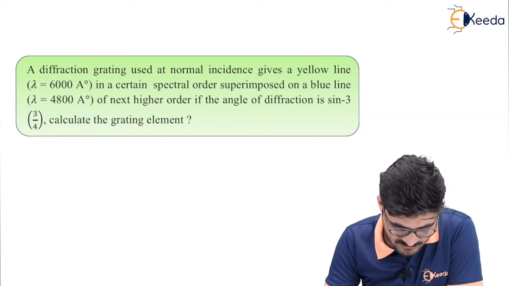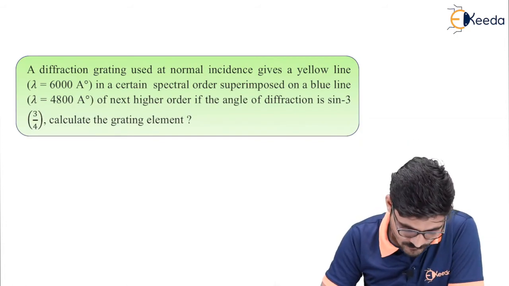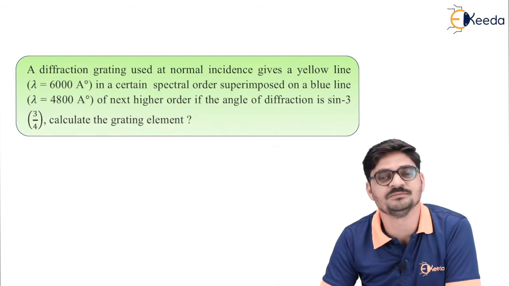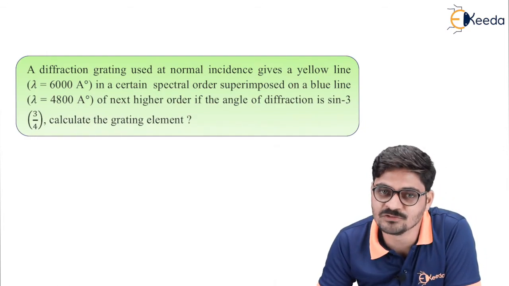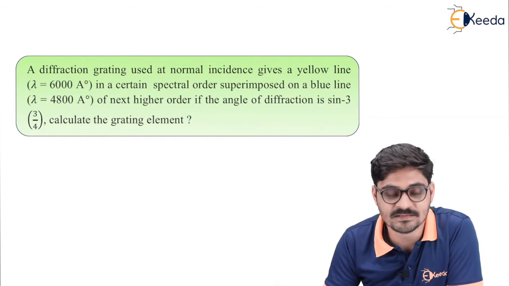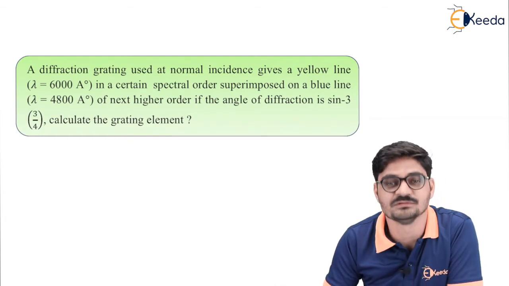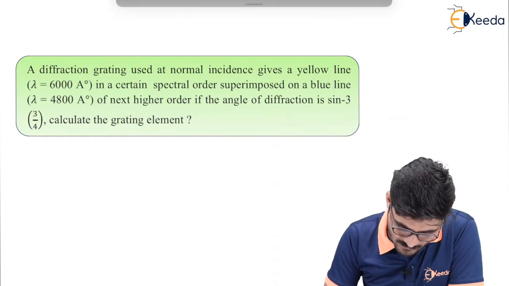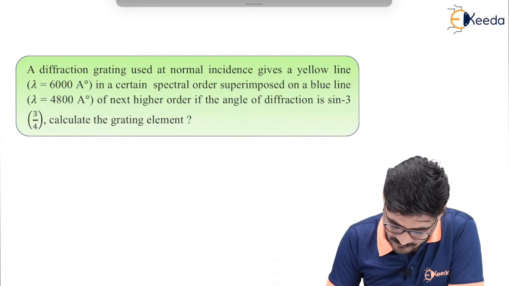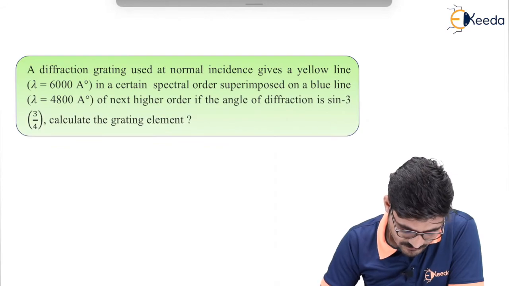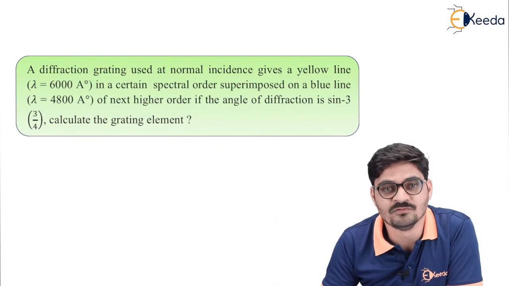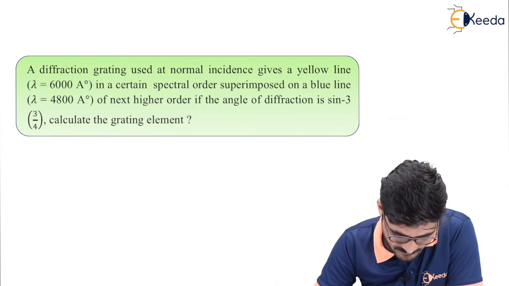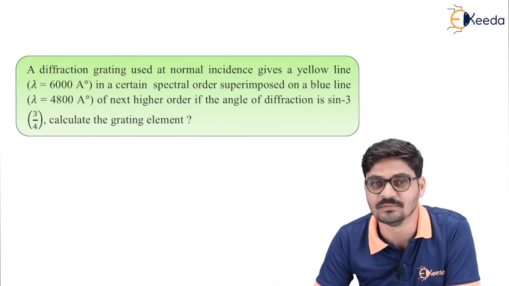Try to catch the given data: the wavelength of the yellow line is 6000 angstrom and the blue line is 4800 angstrom, but the important thing is they are superimposed, meaning they are coinciding with each other. If the angle of diffraction is sin inverse of 3 by 4, then calculate the grating element.